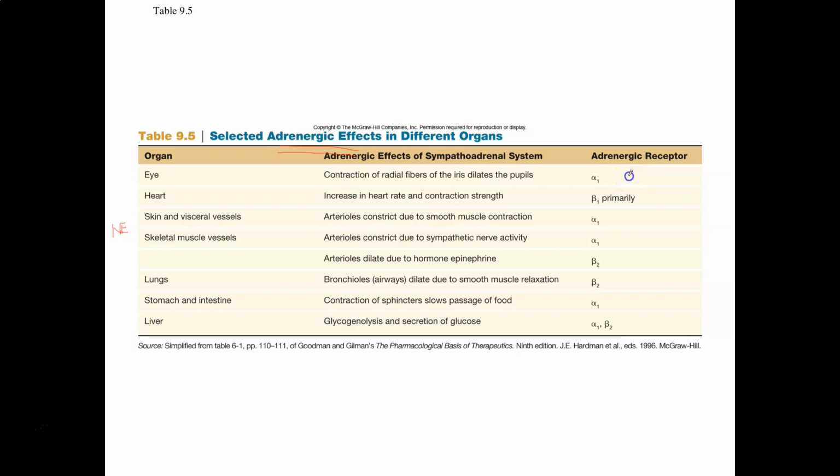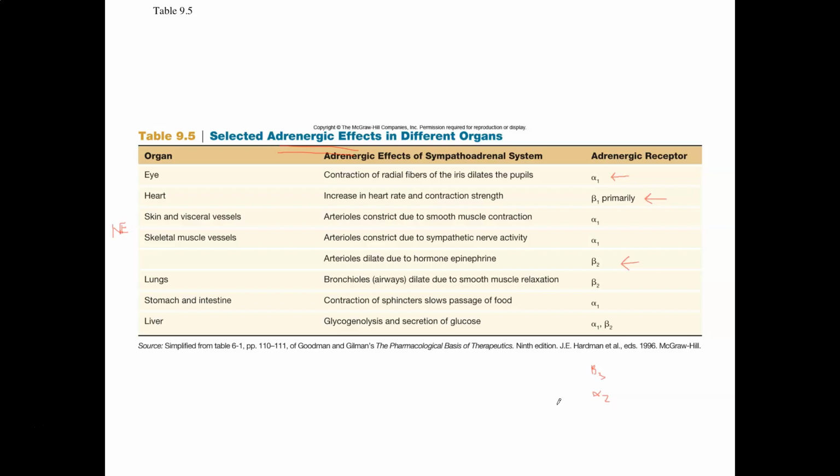So are we interacting with alpha 1s, beta 1s, beta 2s? What type of receptor are we interacting with? And then we could even throw in beta 3s, and we can talk about alpha 2s like I just discussed. So what are some of the overall generalized effects that you see with these alpha and beta adrenergic receptors?